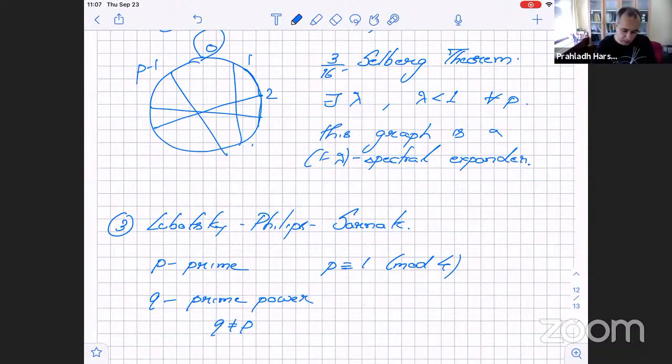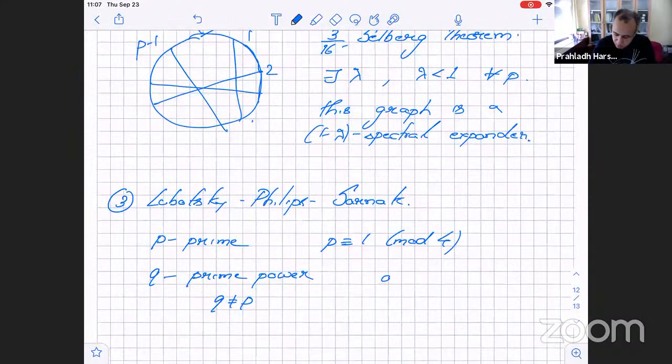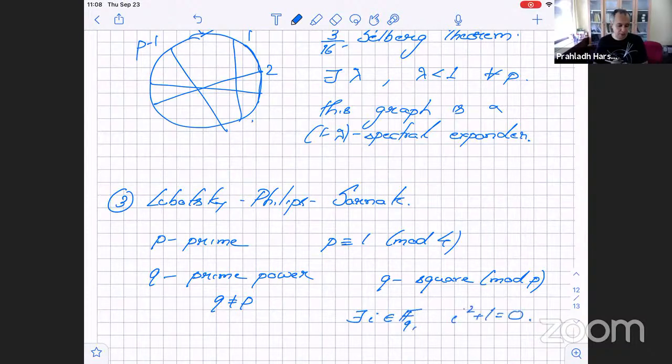It could be some other prime power too. But Q should be a square mod P. And there must exist an I in FQ such that I squared plus 1 is 0. And this will happen. You can notice this.